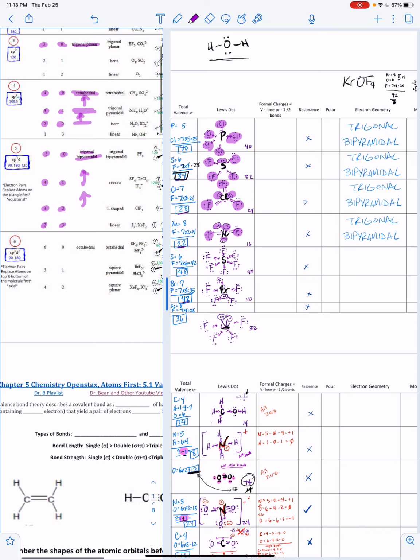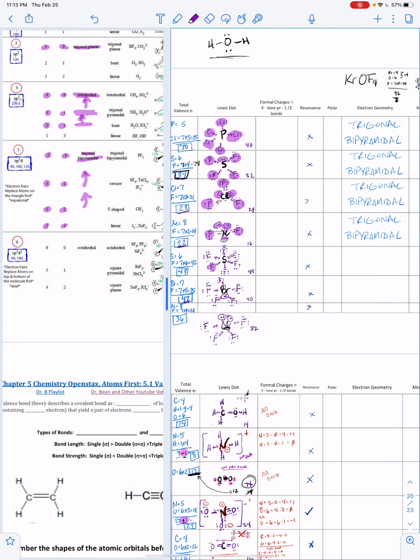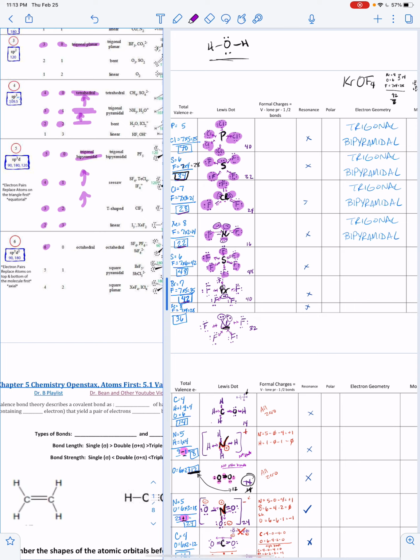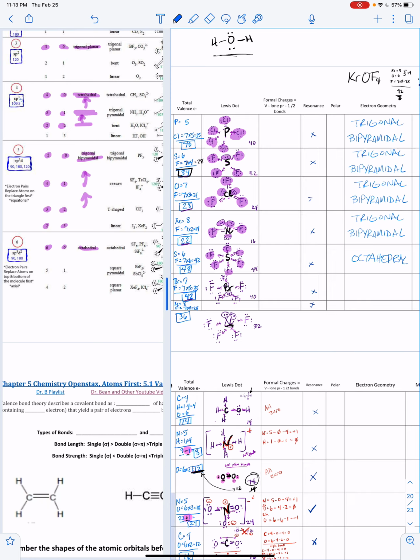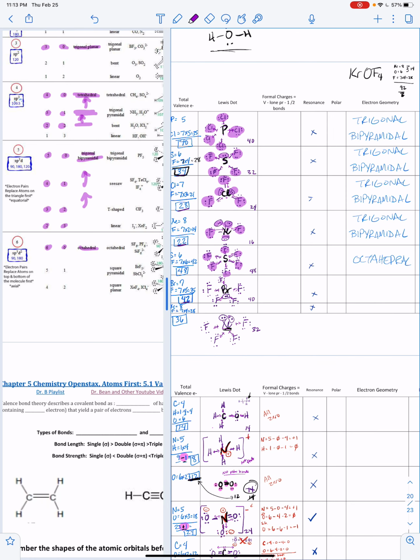Now we're going to look at octahedral. That's 6 and no lone pairs. And then again on the next one, 1, 2, 3, 4, 5, and then there's 6.